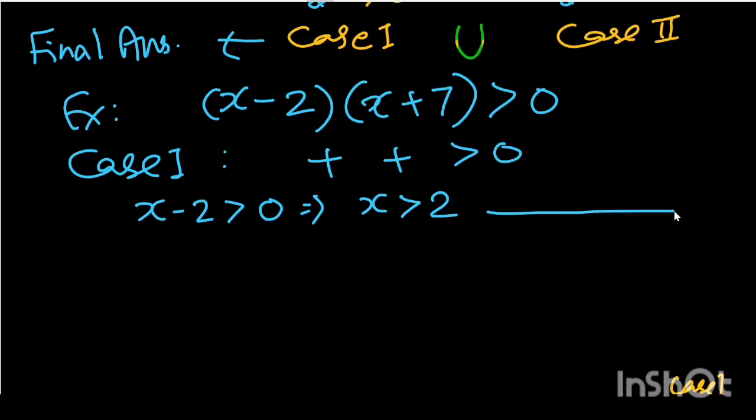It can be plotted on the number line as 2, and all the values on the right side of 2, that is 2 to infinity, guys.